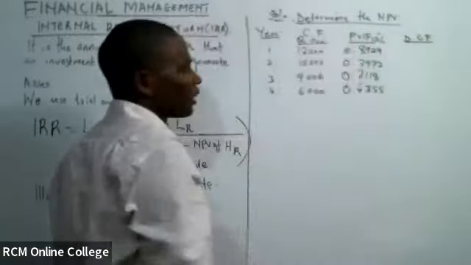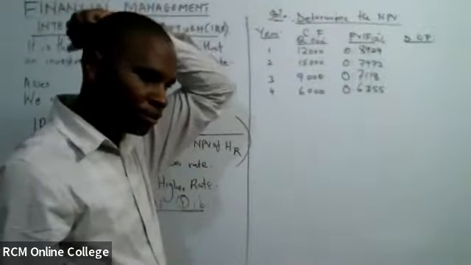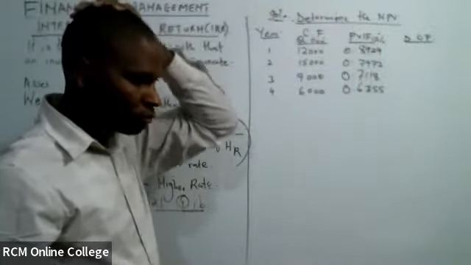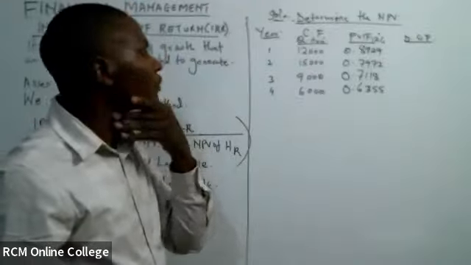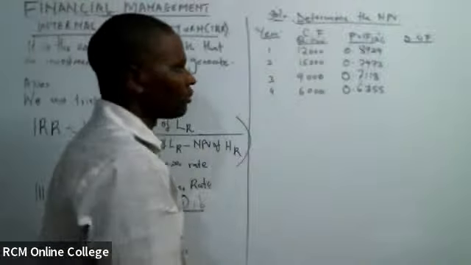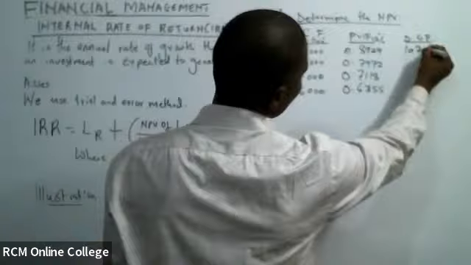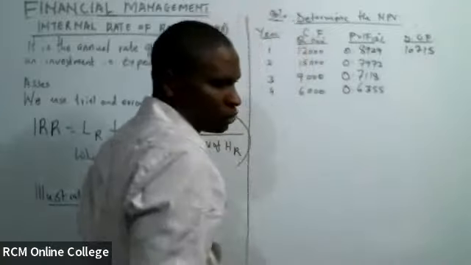Just take the cash flow times the PV. Step one: you can eliminate the decimal points. 10,715. Let's use the whole number.